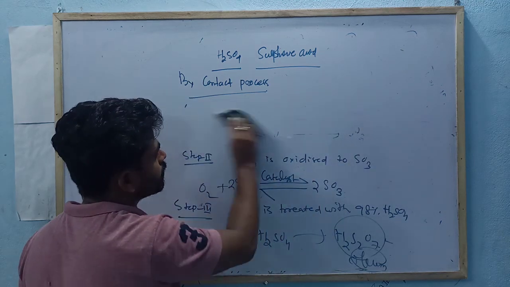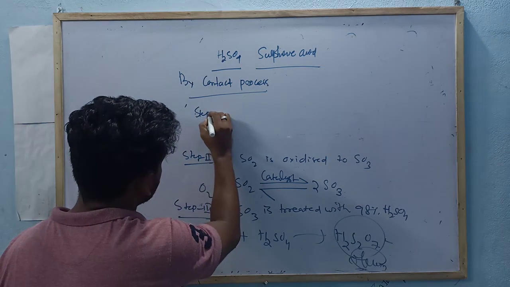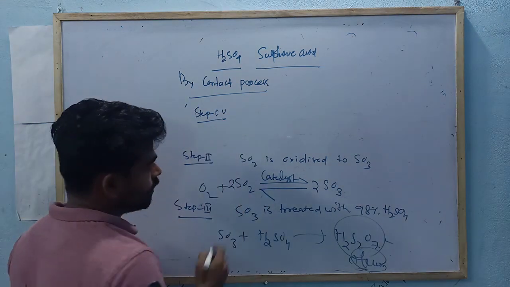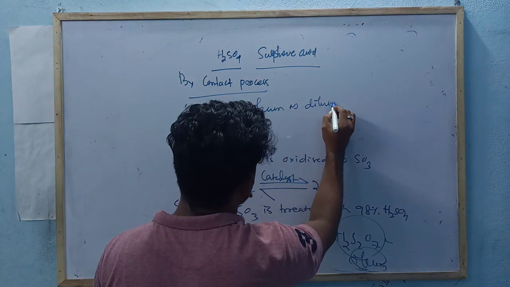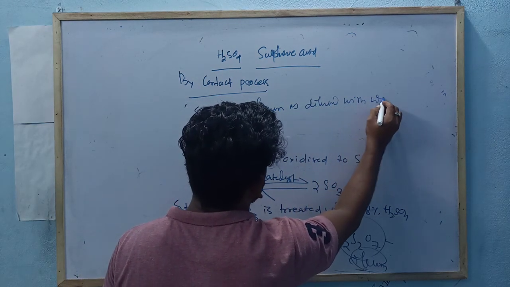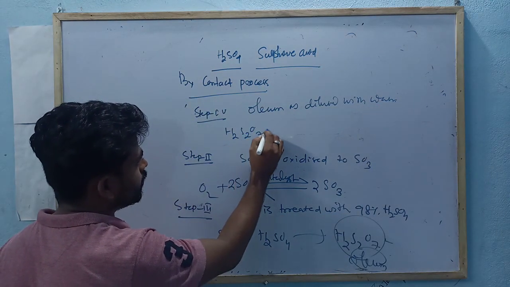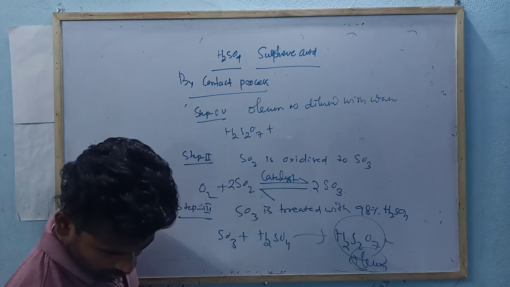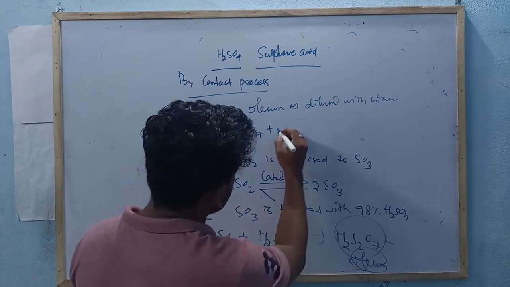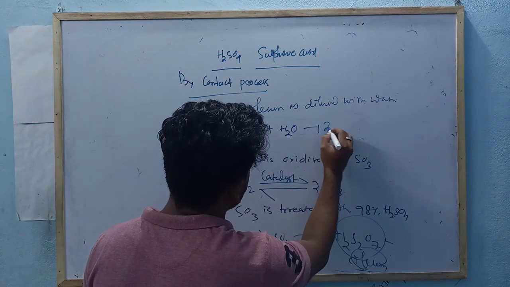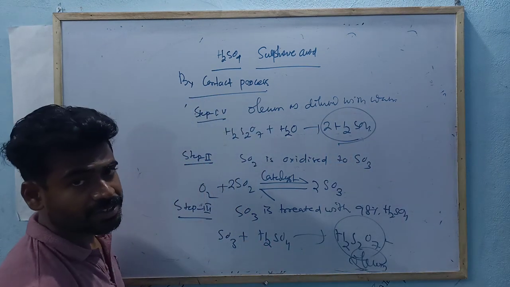The last step, step 4: that oleum is diluted with water. So H2S2O7 plus water gives rise to 2H2SO4. This is your sulfuric acid.